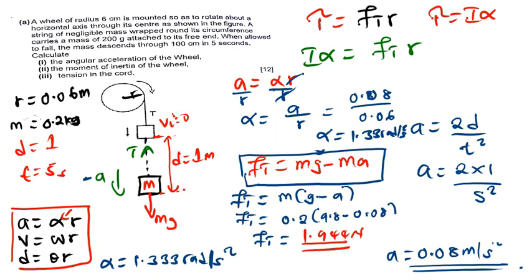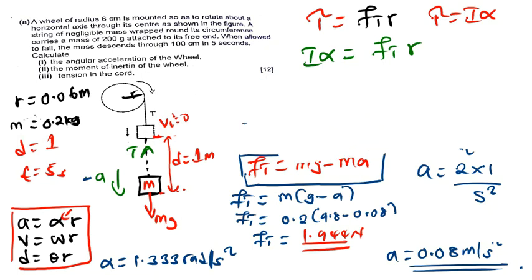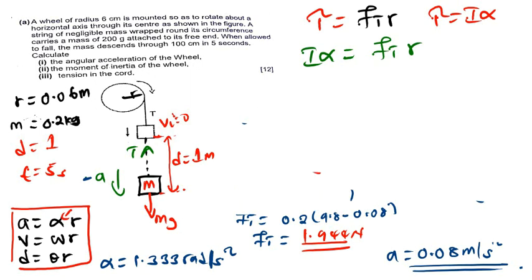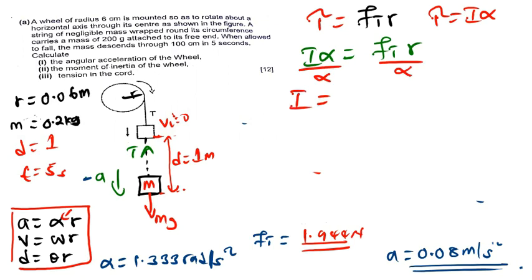Now, using this formula, I also know that I can find the moment of inertia, because I have everything now. I'll divide both sides by alpha. So inertia will be equal to the tension force Ft times R divided by alpha.